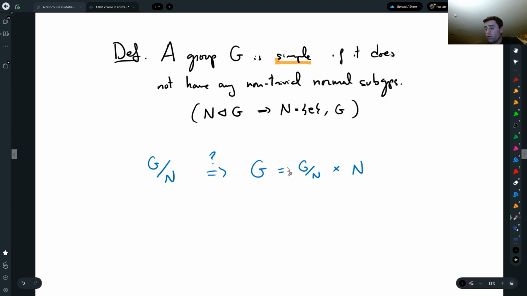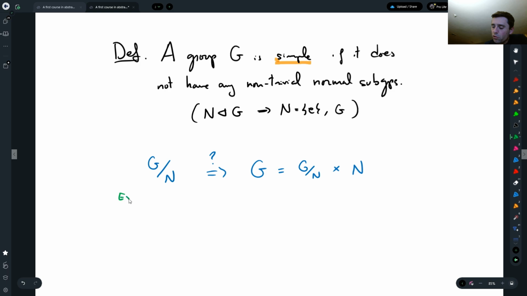So there might be options to reconstruct G out of other smaller groups. But if there are no normal subgroups, then G cannot come from something like this at all, and therefore G is a new group. So these simple groups are irreducible in some sense, and they should be essentially new groups.